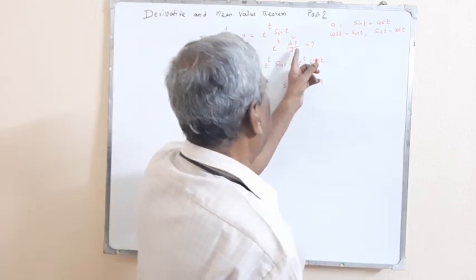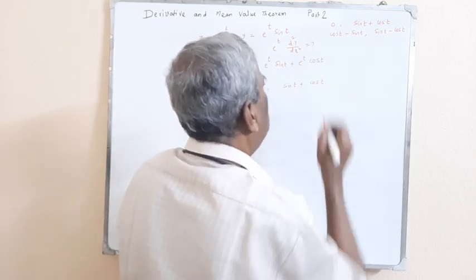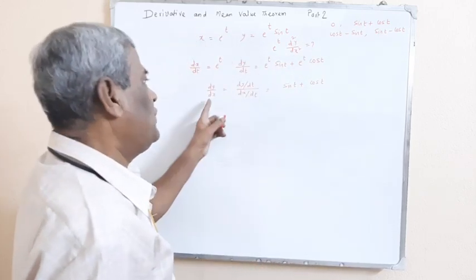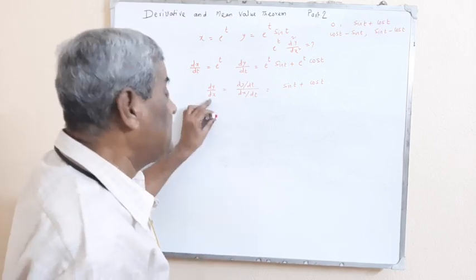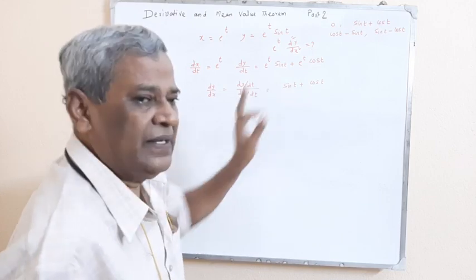Now we have to find d2y dx2. That is, once again we have to differentiate this with respect to x, not t. It is a function of t.